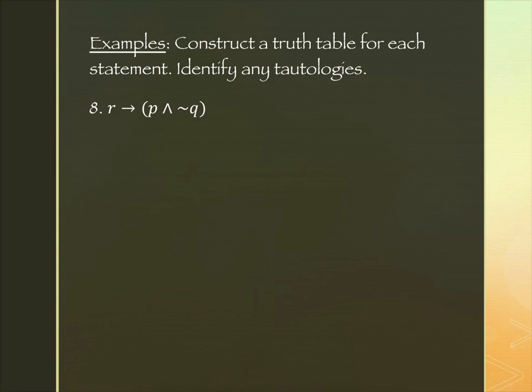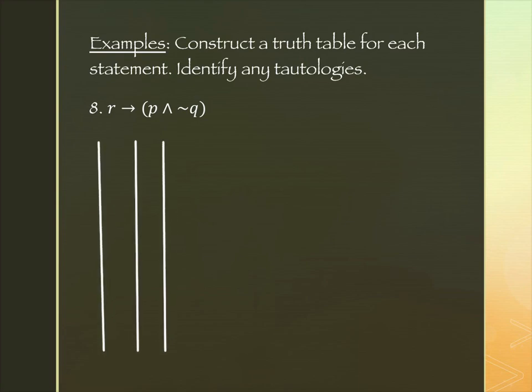Next one has 3 statements, right? P, Q, and R. So this one's going to be one of our larger truth tables. I don't think it'd be quite that big. That's probably sufficient. Okay. So I'm going to go P, Q, R in my ordering, and I'm going to just go back and forth as needed on the table, okay?